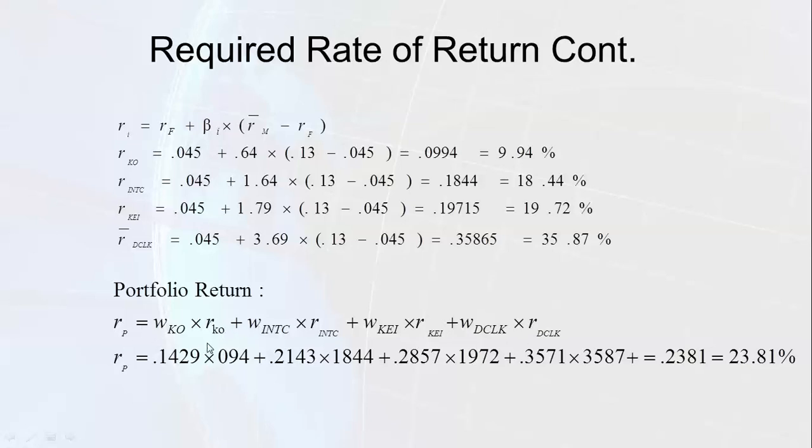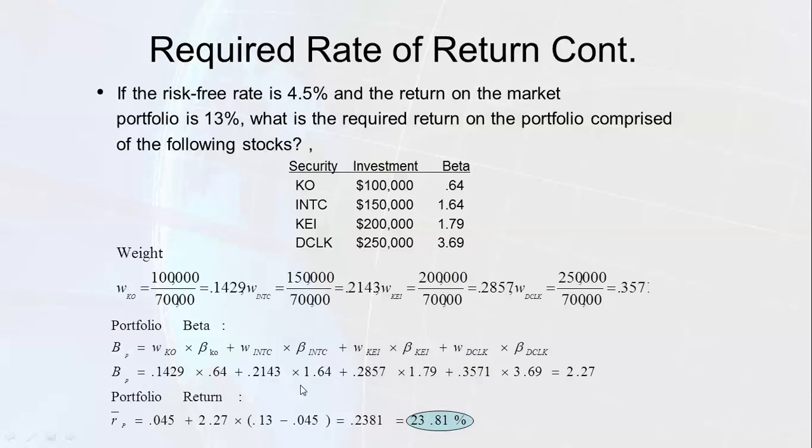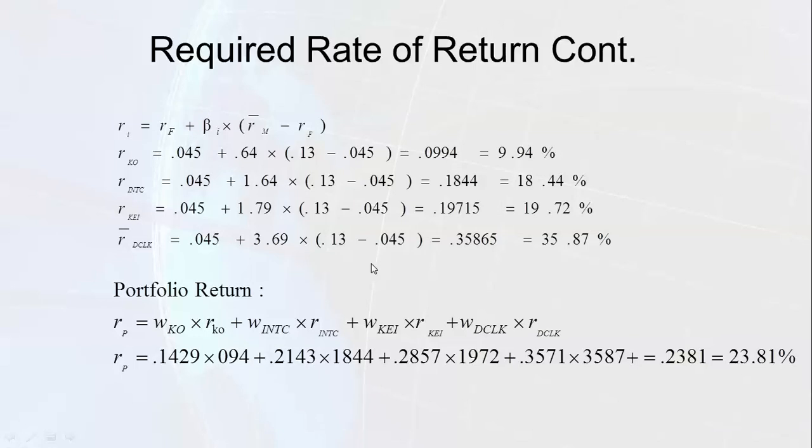In this case, I first use CAPM to estimate a required rate of return on each of these securities and then multiply with the weight. So this one is a little bit longer. This one is pretty straightforward. You estimate the portfolio beta and use that beta in the CAPM equation to estimate the portfolio return. So this one is very short. This one here is a little bit longer. Still you get the same answer. So please practice this.